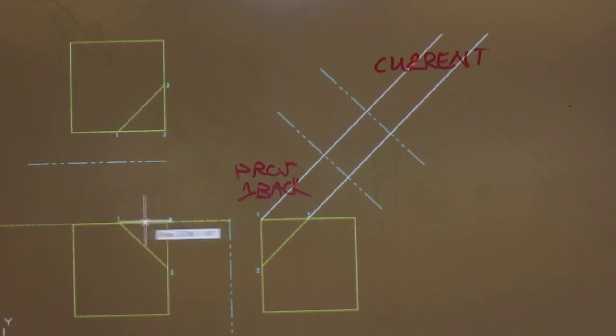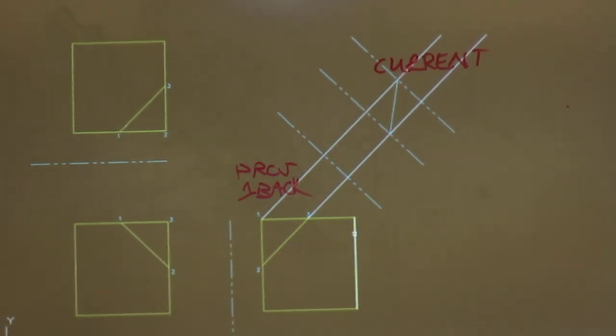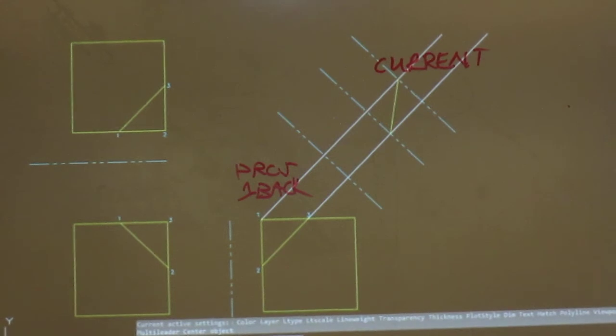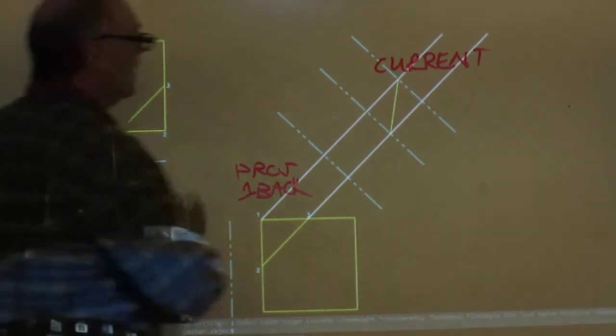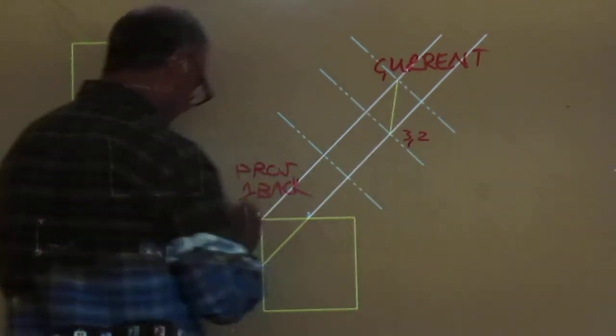Then I do it again, all the way to point 1, that's this point. What I'm going to end up with here is a line that looks like this. Where here is point 3, 2, there's point 1.